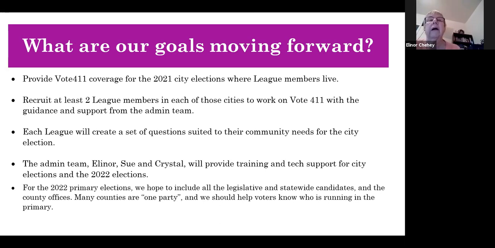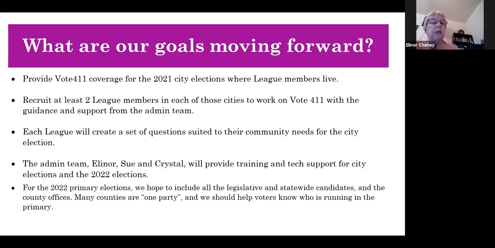So I worked with the reporter at the Statesman. The Statesman had used Vote 411 for a number of years, and their staff contacted the candidates with the Vote 411 software. So I got training from both the national office and the Statesman reporter that we worked with.